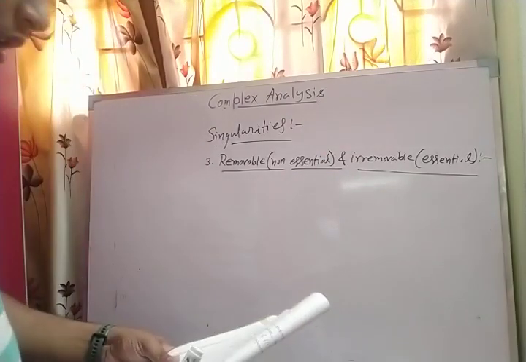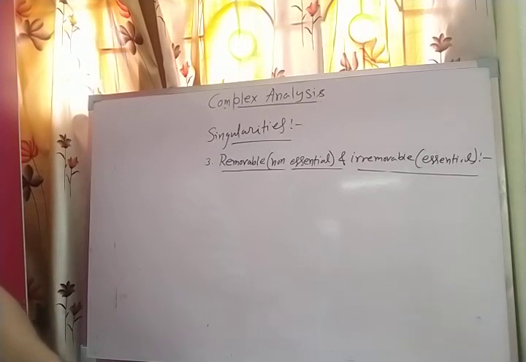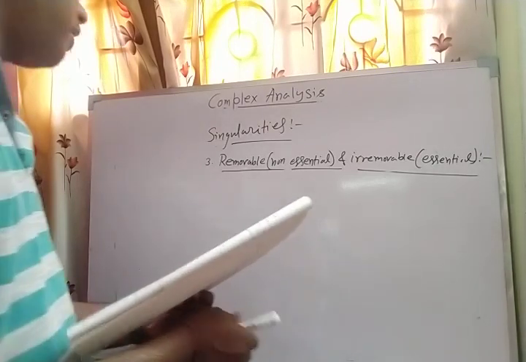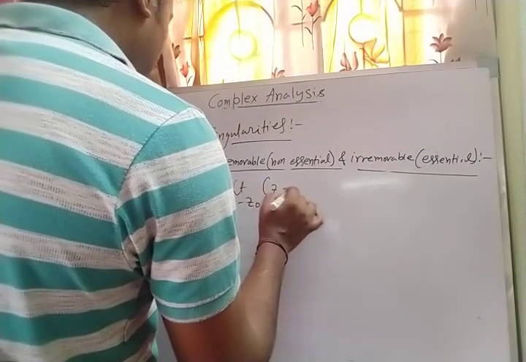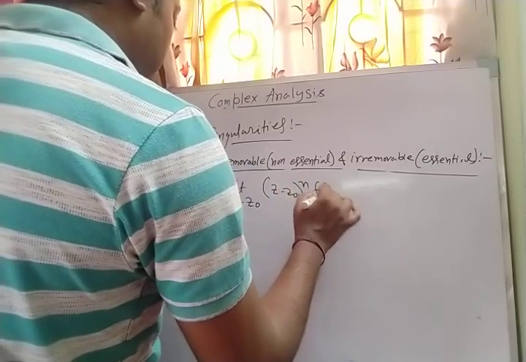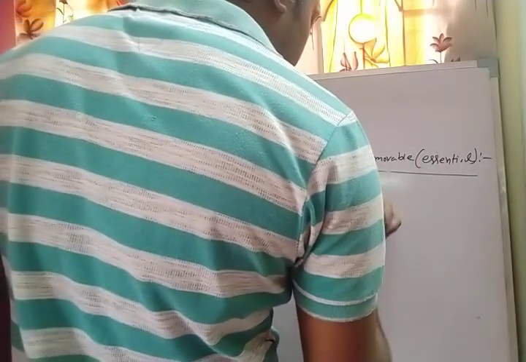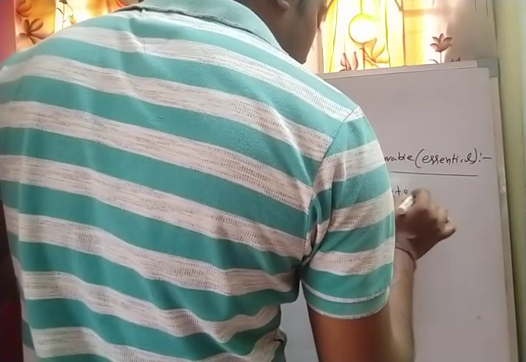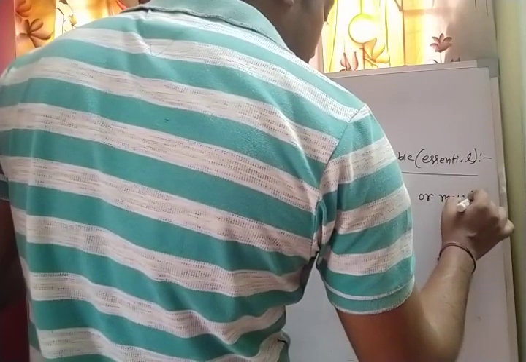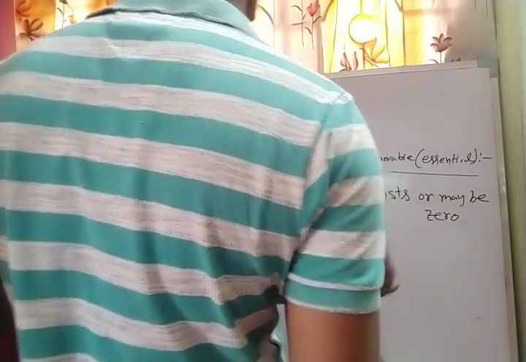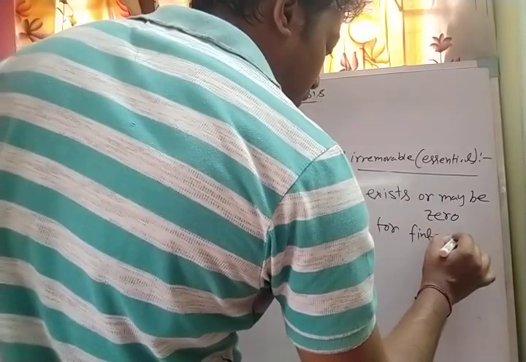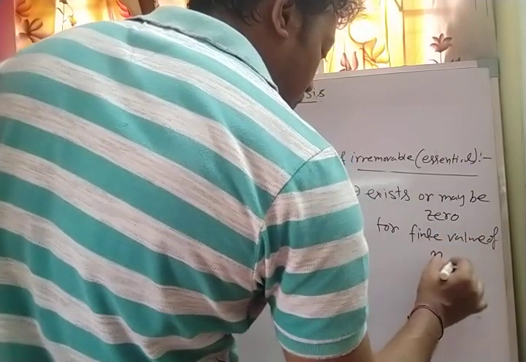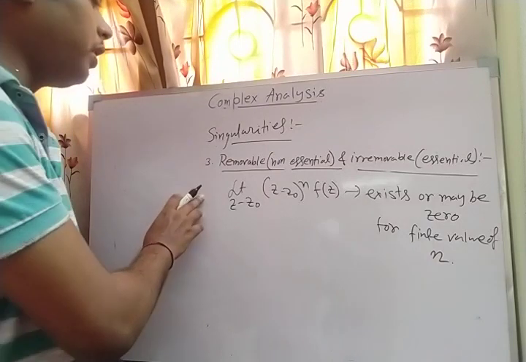singularities. So if we have a singular point at z equals z naught such that for finite value of n we must have the limit as z tends to z naught of (z minus z0) to the power n times f of z exists or may be 0 for finite value of n, then it is called removable or non-essential.